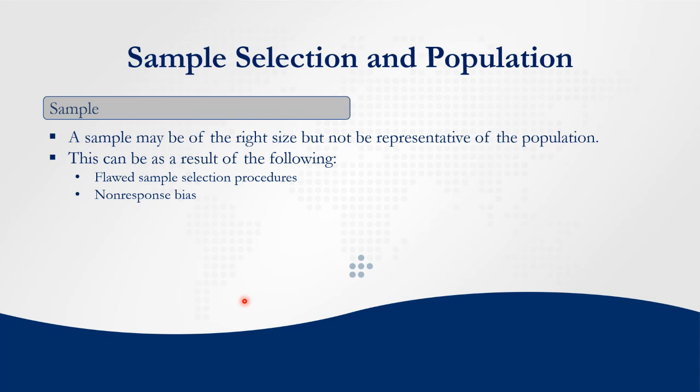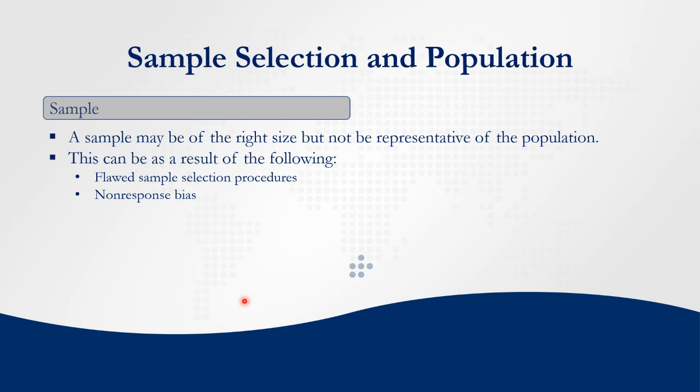But there is the other issue of how many, and sometimes you might have the right strategy but a small sample. So it's important to ensure that those two issues are taken care of. If it's not representative, then obviously you might have bias, right?